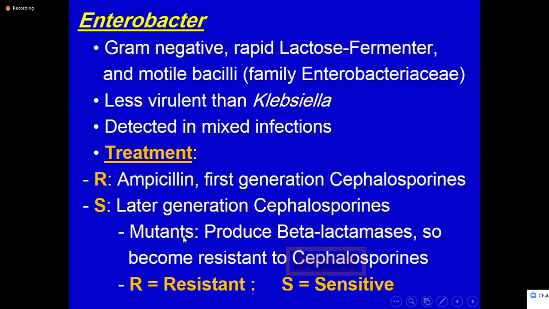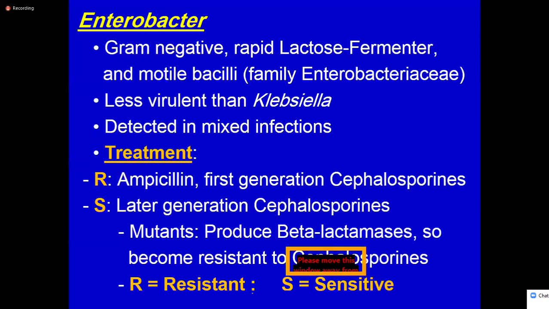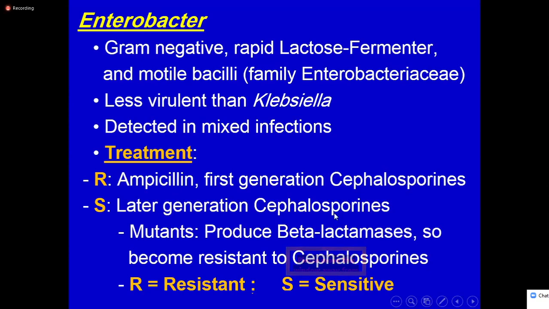Mutants, genetic mutations occur, to produce beta lactamase enzyme, so they become resistant to cephalosporins. R means resistant, and S, sensitive. So they are resistant to ampicillin and first generation cephalosporin, although sometimes some people use these antibiotics as empirical, but you have to remember they are not as effective as the new generation of cephalosporin.